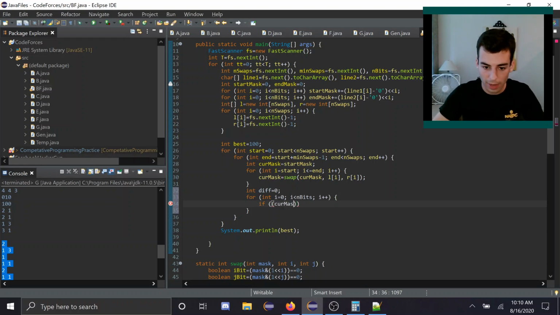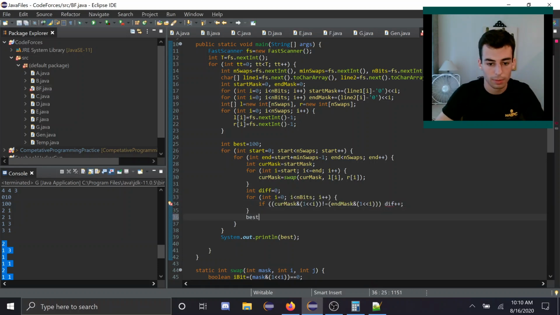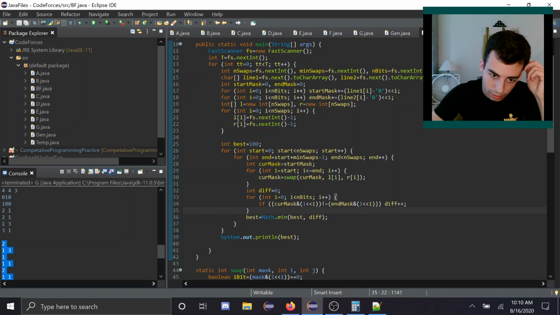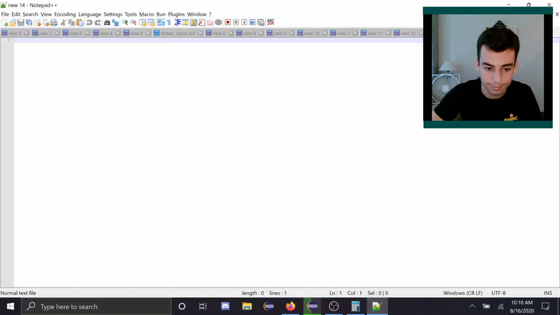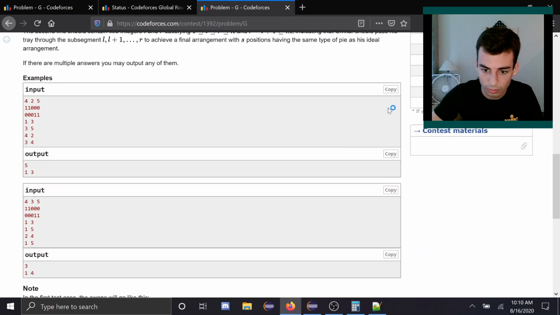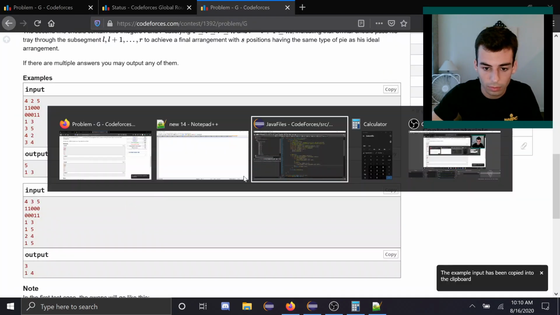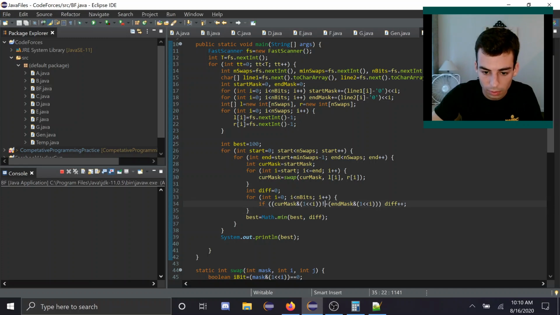Okay, so if cur mask and 1 left shift i is different from the end mask and 1 left shift i, then diff plus plus, best equals math.min of best and diff.